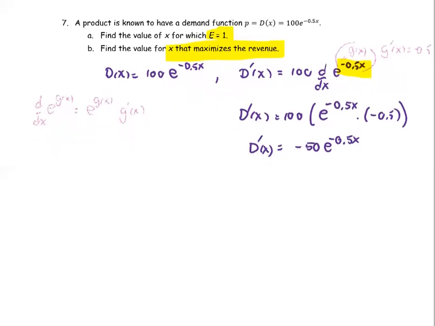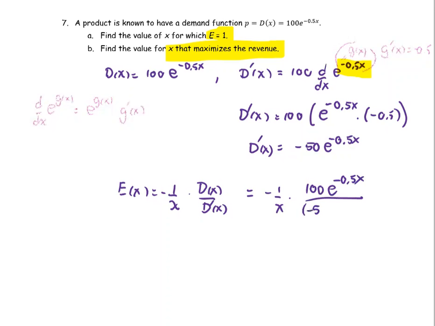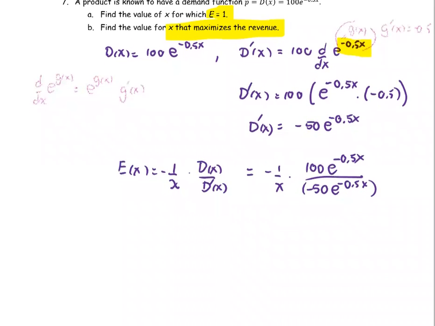We're going to need D(x) and D prime in the formula to find the elasticity of demand, E(x), which is negative 1 over x multiplied by D(x) over D prime of x. That is negative 1 over x times D(x), which is 100 times e to the negative 0.5x, divided by D prime, which is negative 50 e to the negative 0.5x.